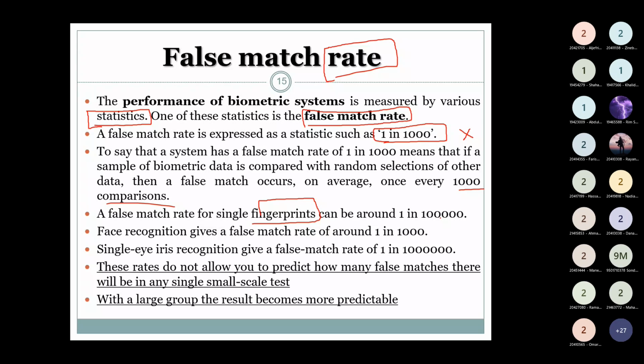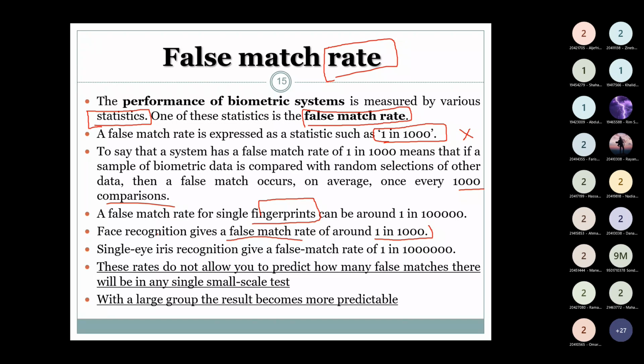It is better than this one. Look at face recognition. Face recognition gives a false match rate of about 1 in 1,000. So this is why face recognition is no longer accepted, and is replaced in the airports by iris recognition or by fingerprints. Why?